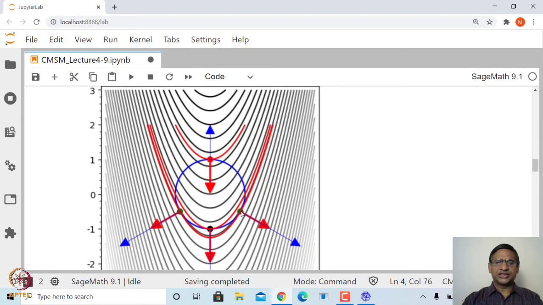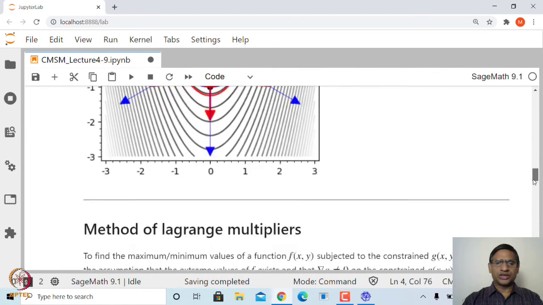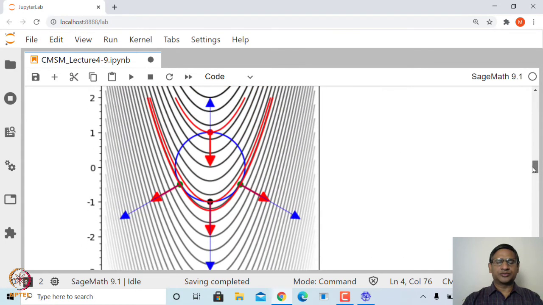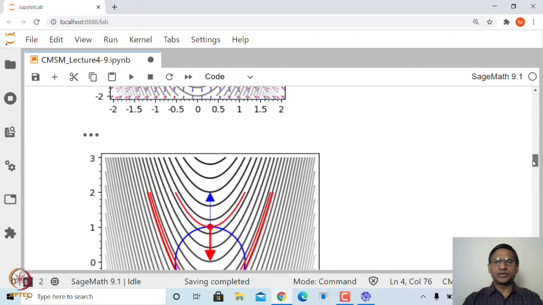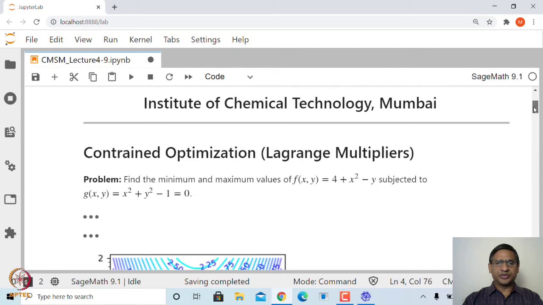This point is the point of maximum, and at these points the gradients are parallel to each other. Okay. So, that is how we can solve minimization and maximization problems of two variables subject to a single equality constraint.